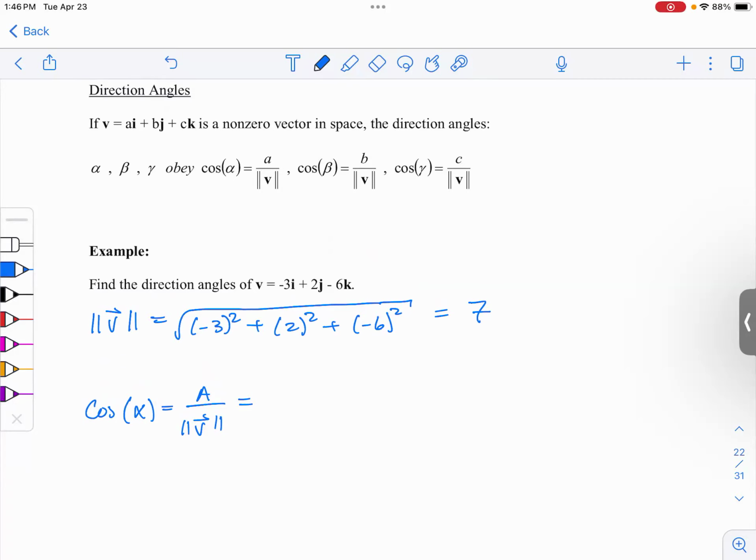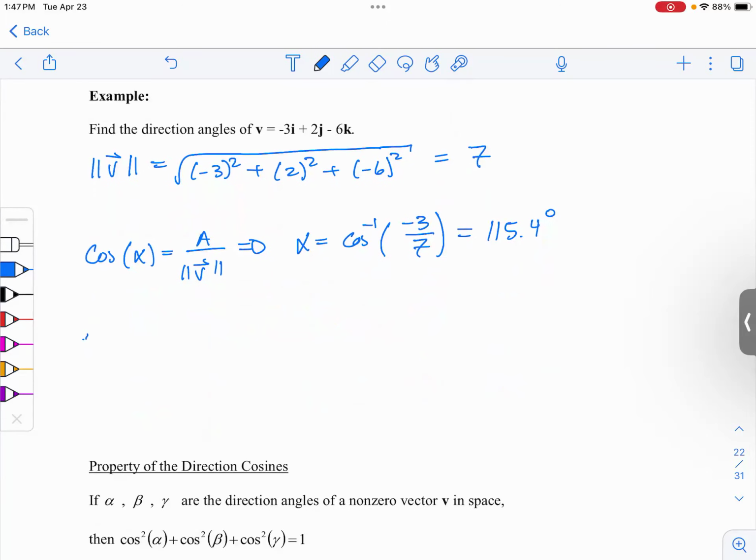So it's the X component, the Y component, and the Z component. And we can find the angle off of each axis.